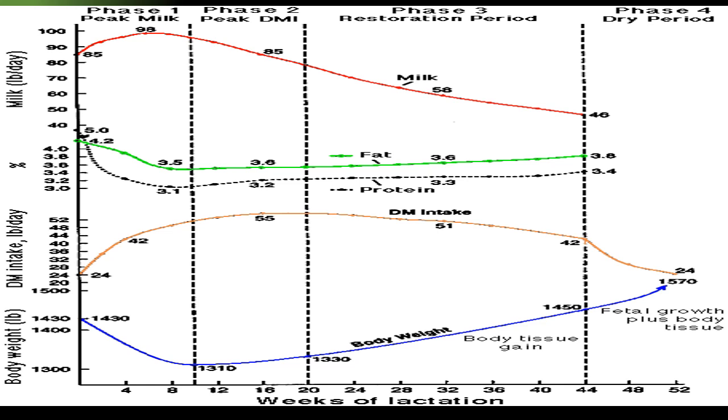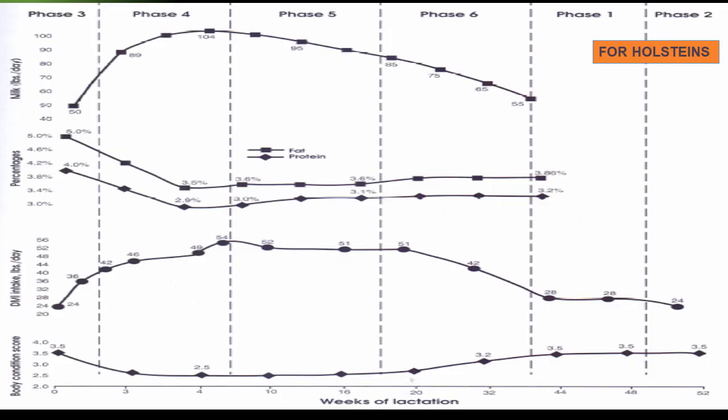Here you can see the production cycle is divided into 6 phases rather than 4 phases, where phase 1 and phase 2 are the division of the dry period, while phase 3 is from calving until 2 to 3 weeks after calving, and phase 4 is the early lactation and peak milk yield phase, and phase 5 is the peak dry matter intake, and phase 6 is the tail end lactating cow phase.